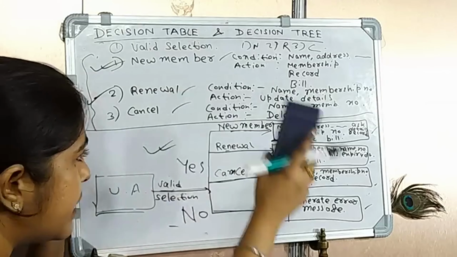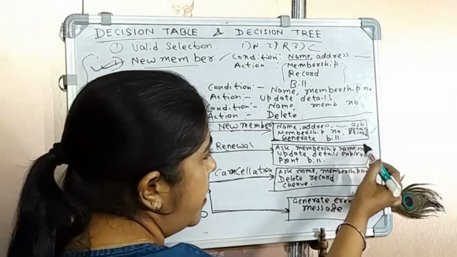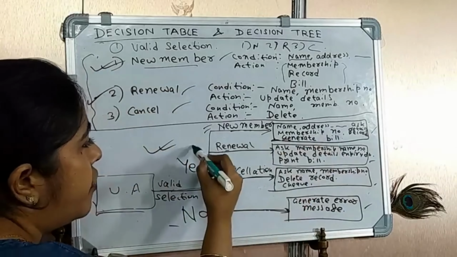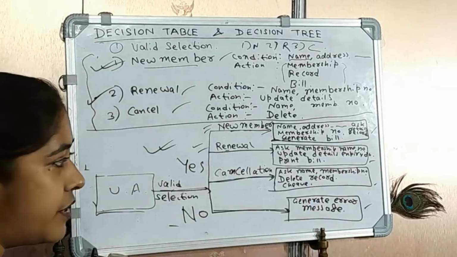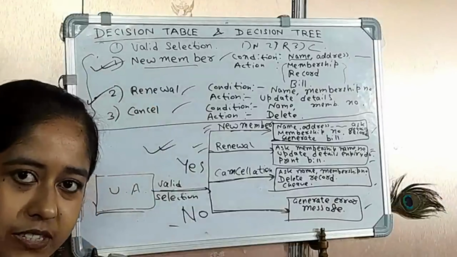In this particular tree, the conditions are new member: for a new member, they ask for name and address, and this is our action. So this new member is our edge, and this leaf gives you the actions. Again, renewal is our condition, and this leaf has the particular actions.